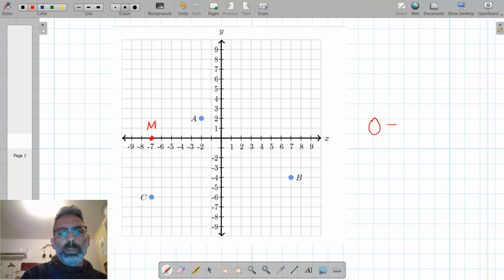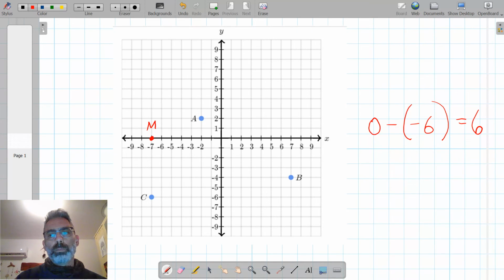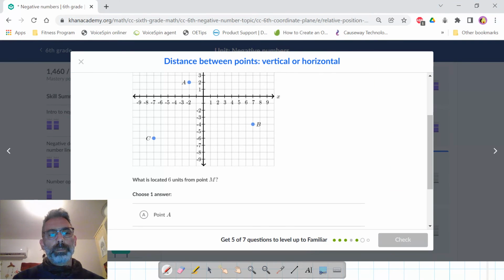That means we calculate the distance between these 2 points, which is 6. So point C here is the answer.